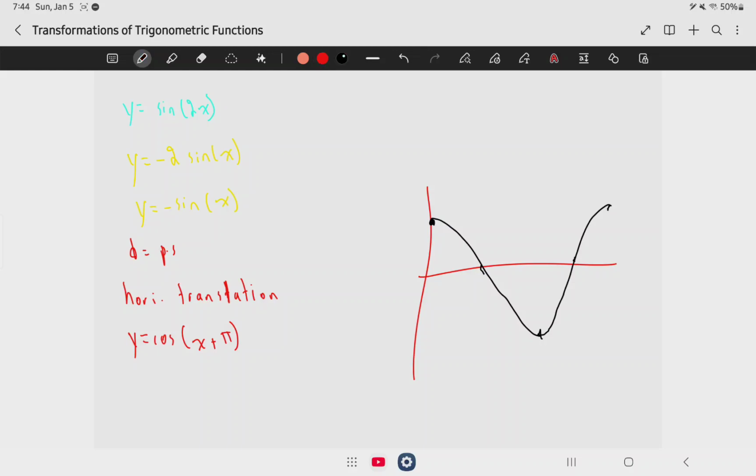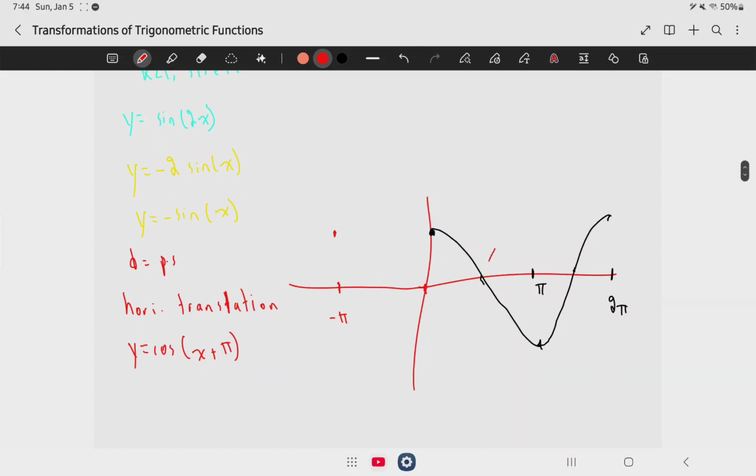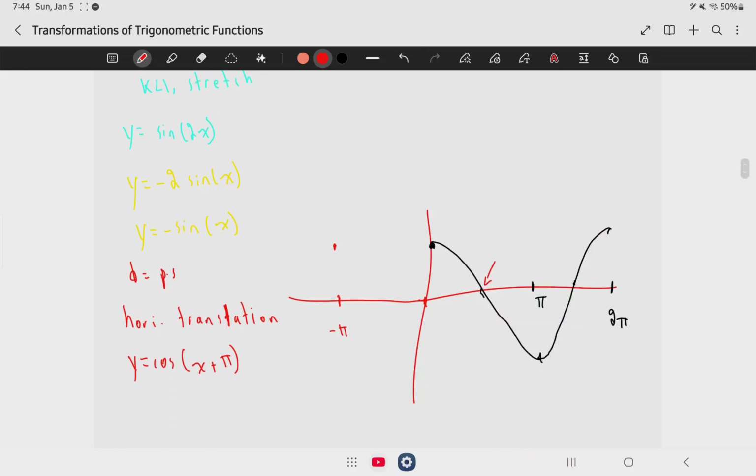So if the full cycle is 2 pi, and half of it here is pi, and we extend our graph, then every point of the new graph will have to shift back a pi. So let's say this is negative pi here. That means this point at 0 will go back to negative pi. This point, if that's at pi over 2, is going to go back a pi, so we go to negative pi over 2.